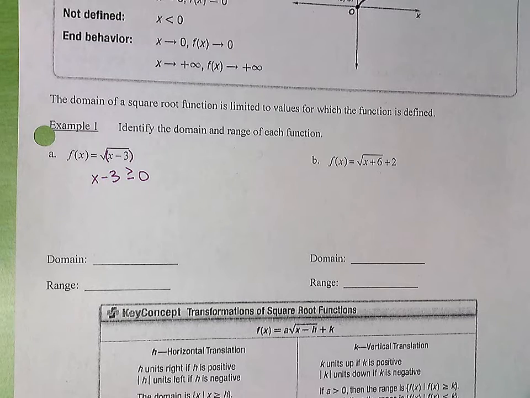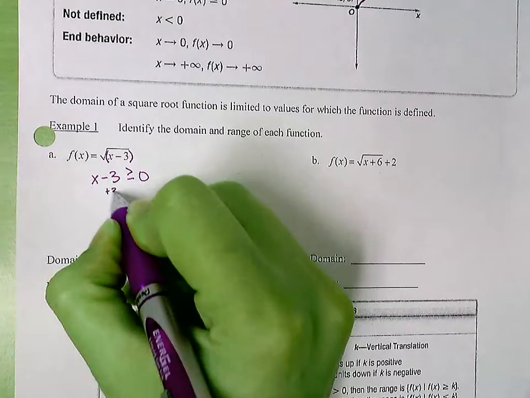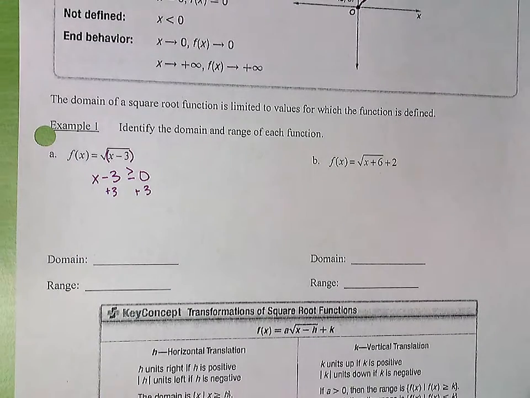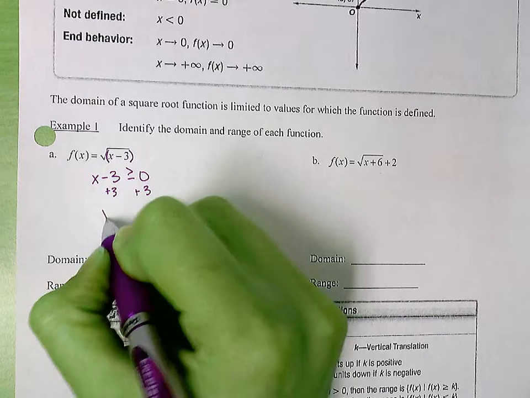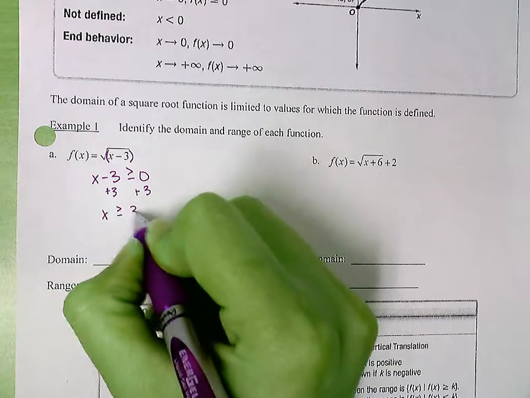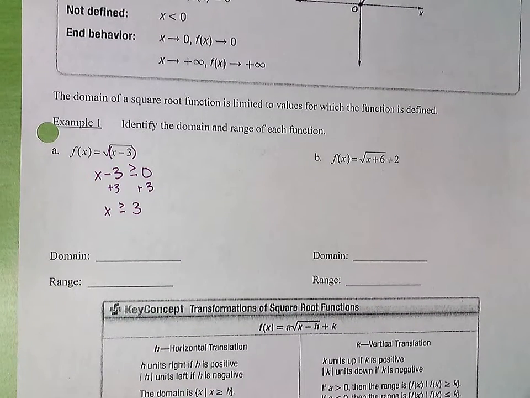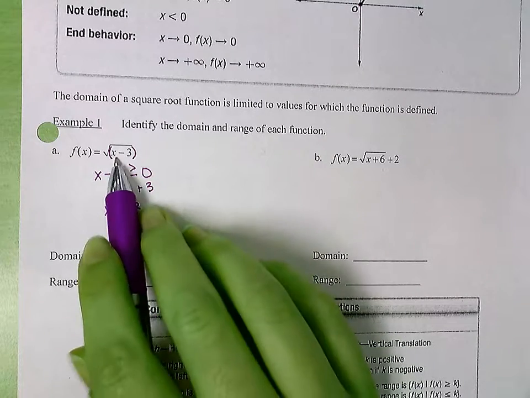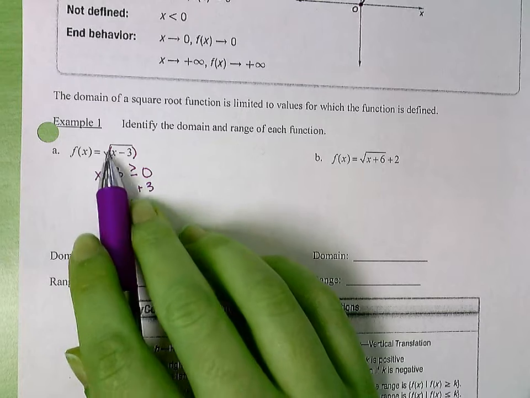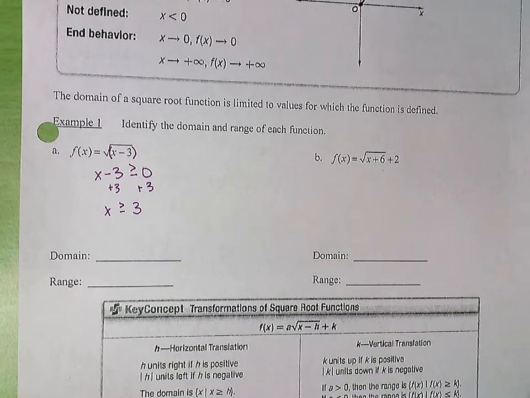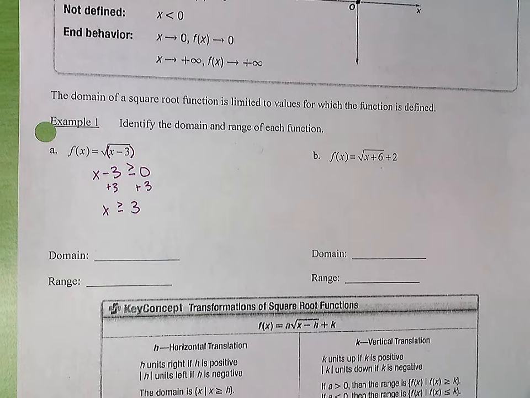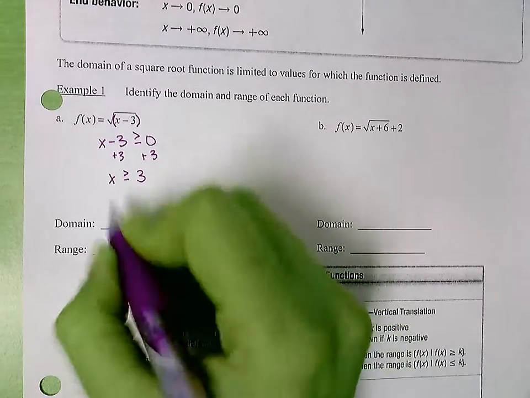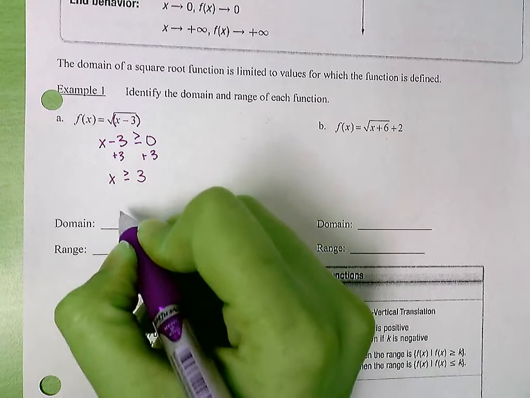I'm just going to solve for x to find my domain then. So I'm going to add 3 to both sides. And x has to be greater than or equal to 3. Because if I plugged in, say, 2 here, I would get the square root of negative 1. And that's imaginary. That's why it has to be greater than or equal to 3. So that would be our domain.